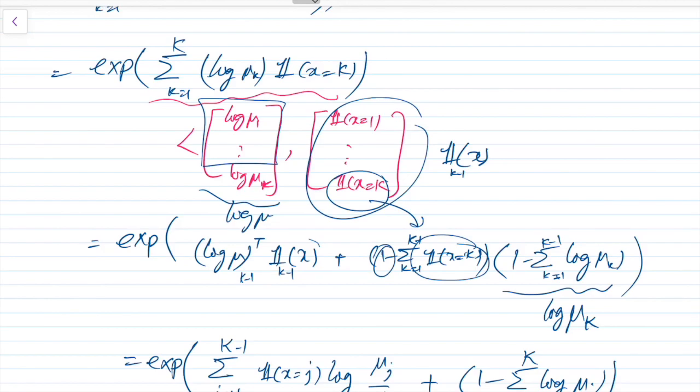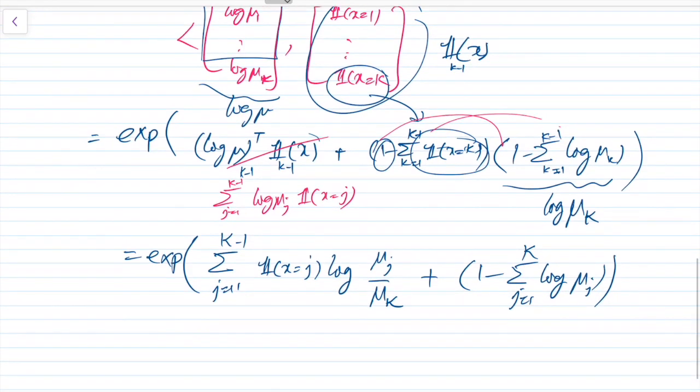Because I could have written this as, I just expanded this, right? Just multiply this with this, multiply this with that, and wrote it down. Right? And absorb this term into 1.